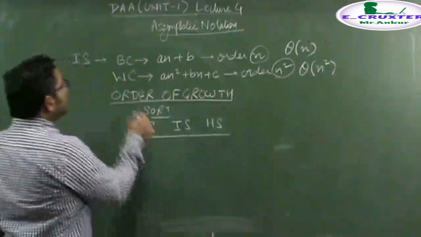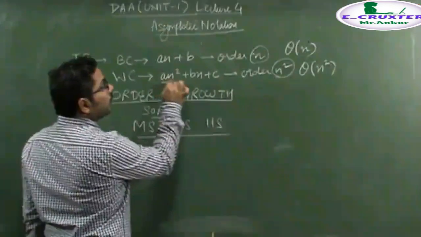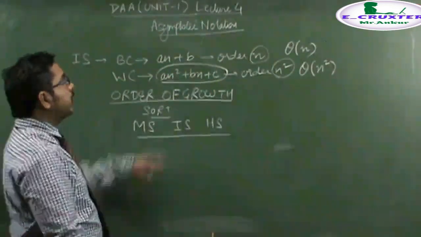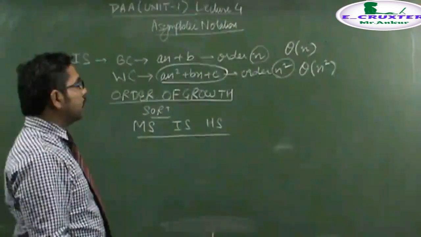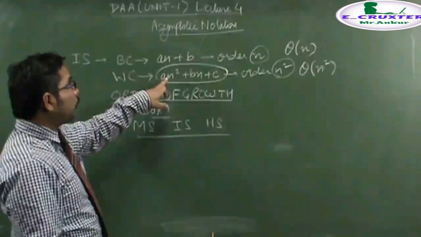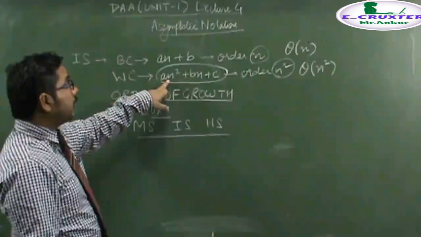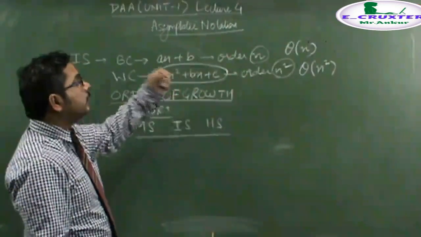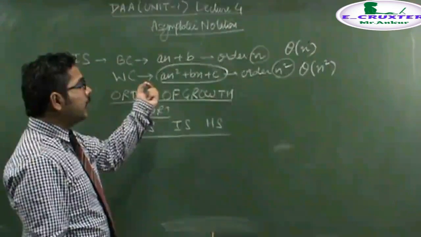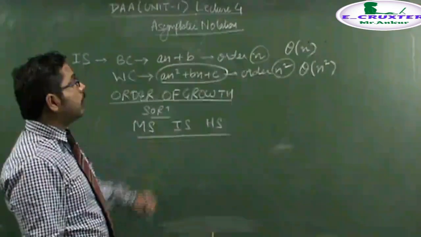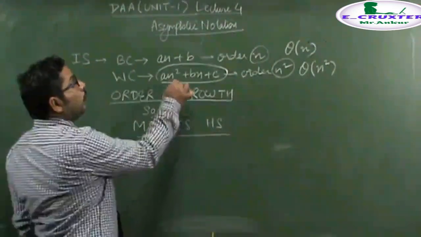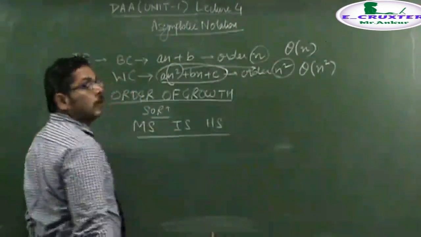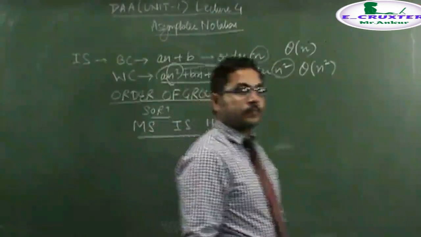For example, we said the worst case running time for insertion sort was an square plus bn plus c, where a, b, c are constants and n is the input. For a large input, these constants have very little importance and we can ignore them. For large values it is dominated by n square, and we say that the running time of the algorithm is of order n square.